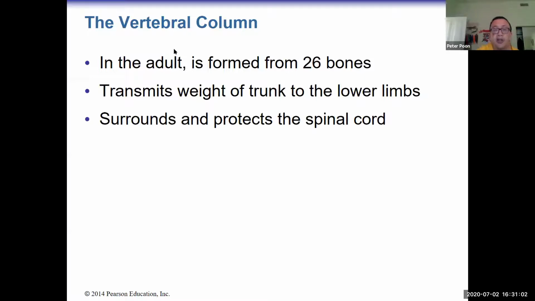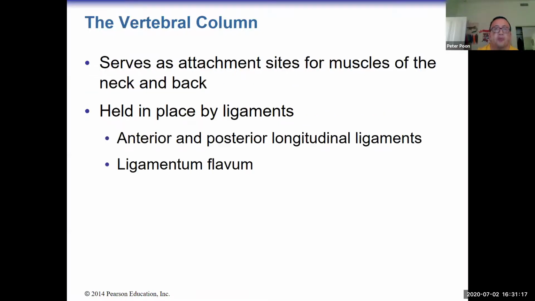So in an adult, there's 26 bones. The vertebral column transmits the weight of the trunk to the lower limbs. It surrounds and protects the spinal cord. That's the more important thing. The vertebral column serves as attachment sites for muscles of the head and neck. It's held in place by ligaments, but you don't have to know the ligaments.